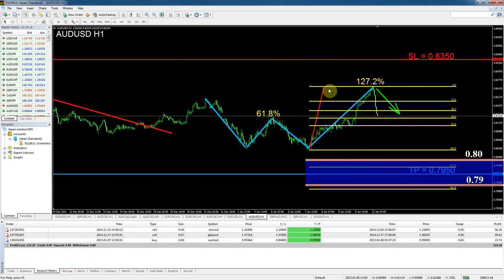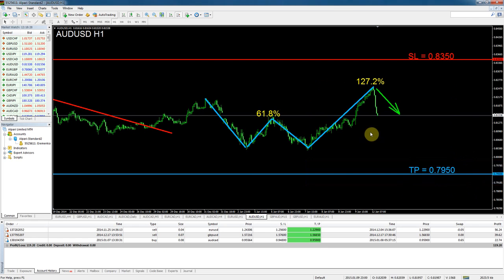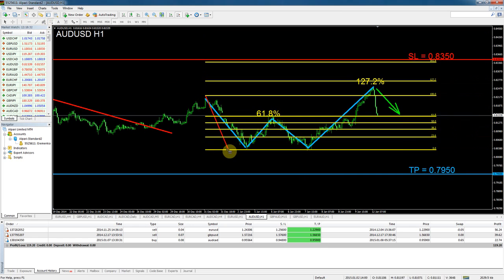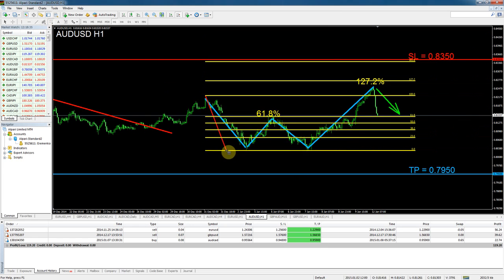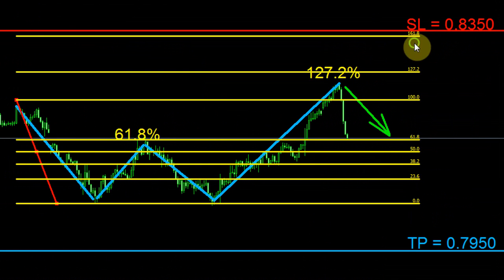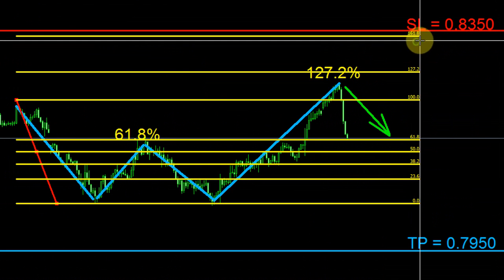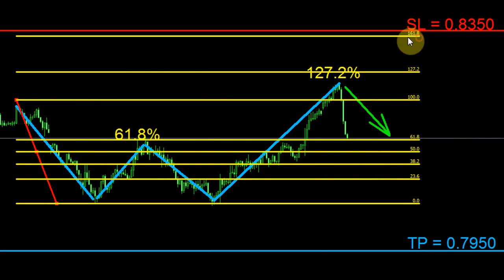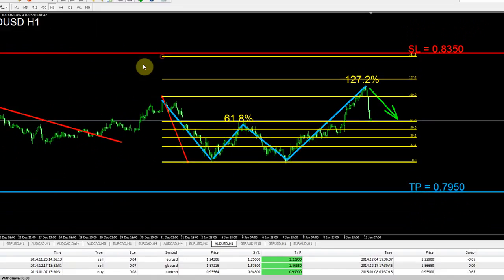So that's how you establish where to set your take profit. It's either at 161.8% or 127.2 if you like. I'm setting it over here, somewhere in between. Your stop loss is a similar thing. If you drag the original Fibonacci retracement, it's good to set your stop loss above the 161.8 because this acts as a resistance line.